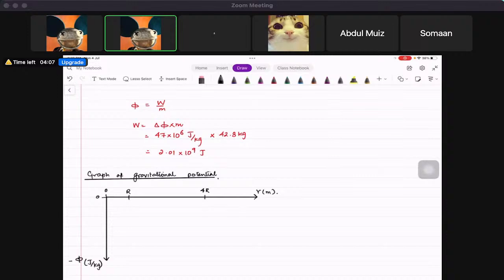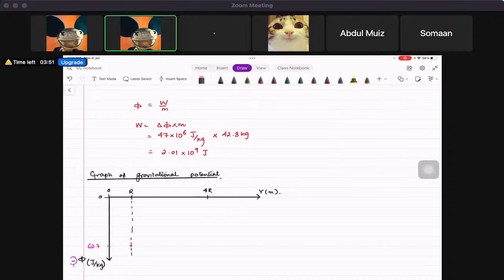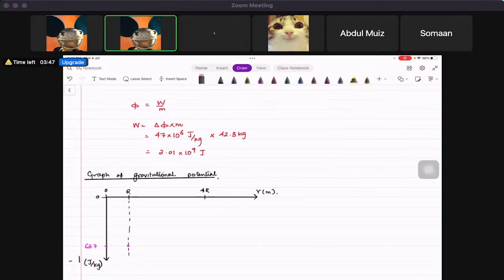At R, we should remember that the potential was minus 62.7. Because I put a minus sign here, I don't need to put it again. And I should be writing potential as megajoules, not joules.